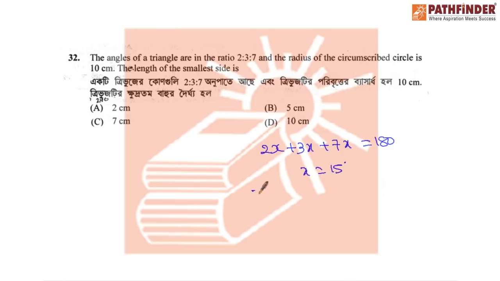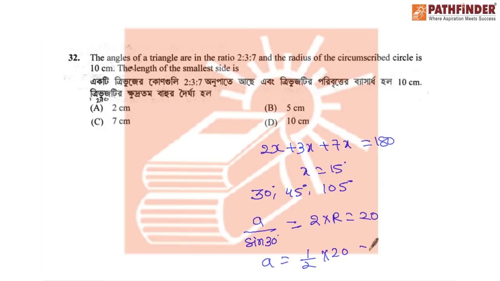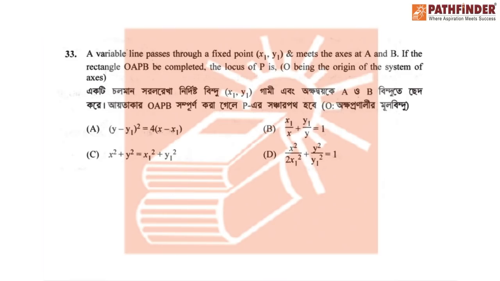So the angles are 30 degrees, 45 degrees, 105 degrees. So for the smallest angle, a by sin 30 degrees is equal to 2R, or 20. So a is equal to 1 by 2 into 20, or 10 centimeters. So the answer is D.